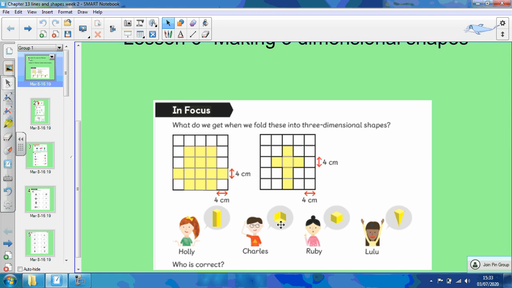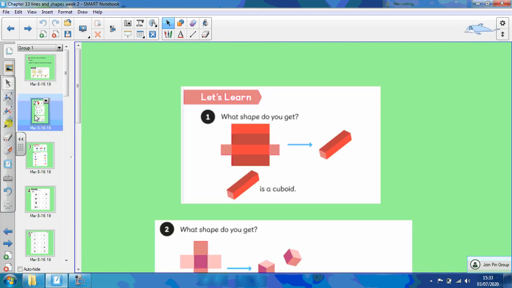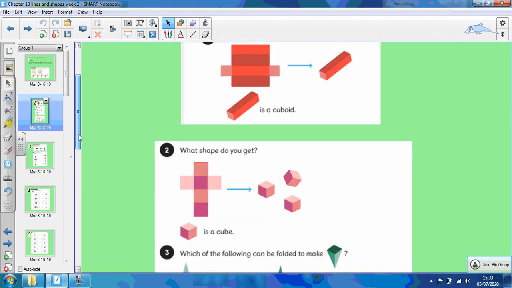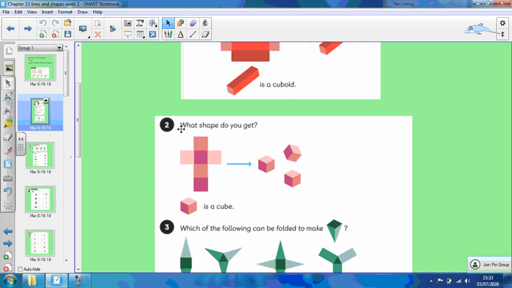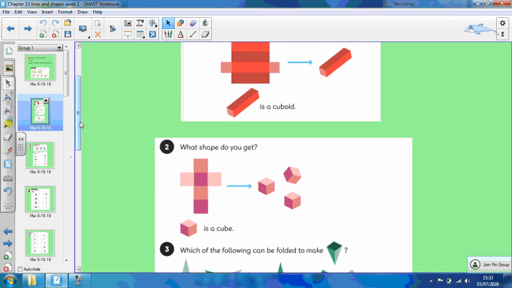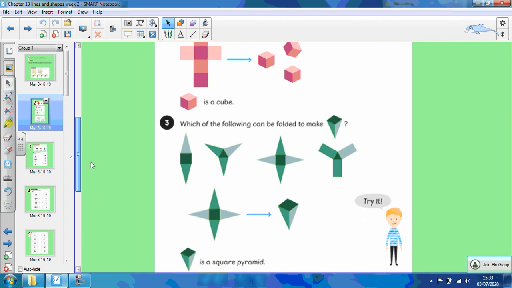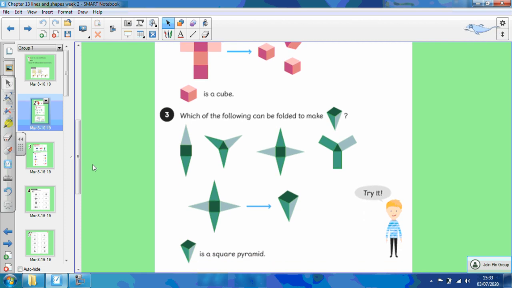And once you've done that, you should end up with a cuboid and a cube. Well done if you get that right. Now have a go at question 3. You also have a net to help you with this one. Make a prediction, then cut out your net and fold it to check.